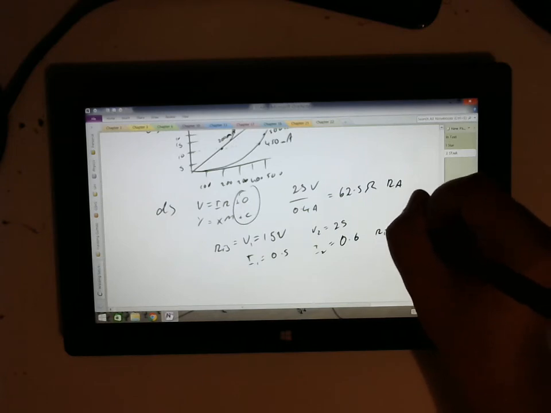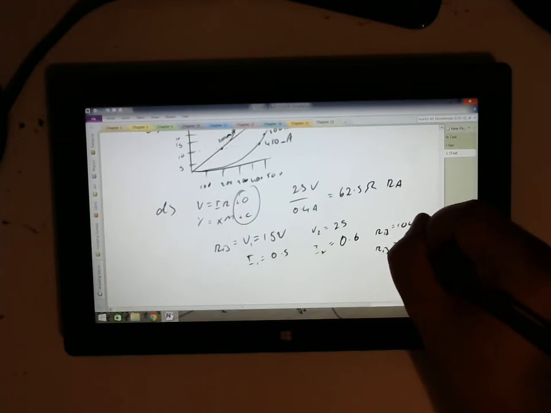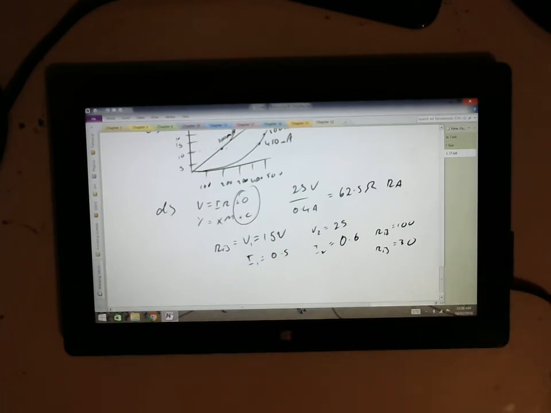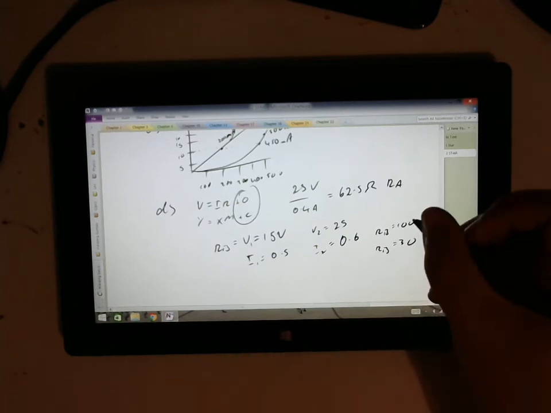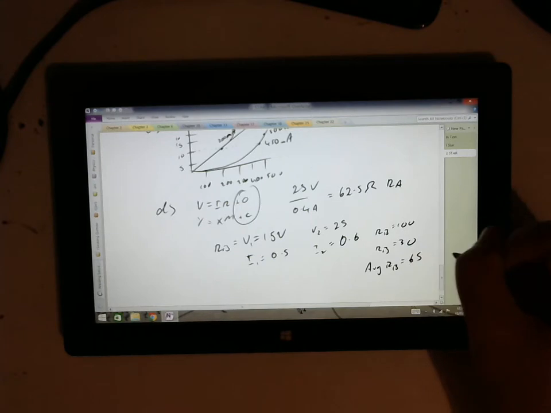Resistance B equals 100. The first resistance B we had was equal to 30. Let's take the average of those: 100 plus 30 divided by 2. So the average there is 65.